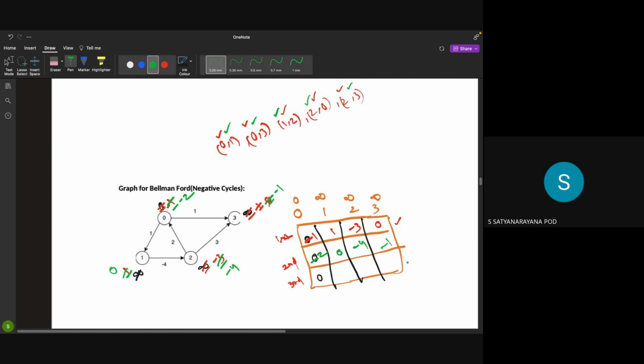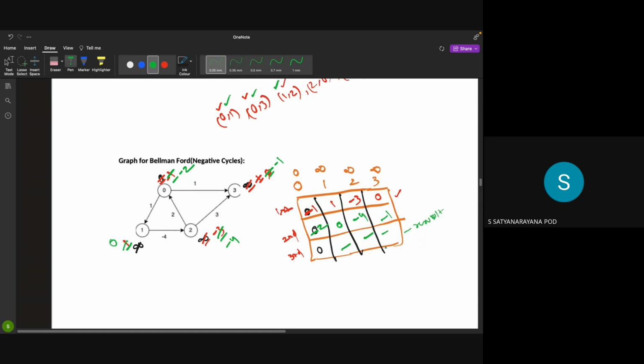Still, even if you run it for n minus 1 cycles, you get some values, you put it as a result, and you stop the iteration. Out of it, you run one more time the edge relaxation.